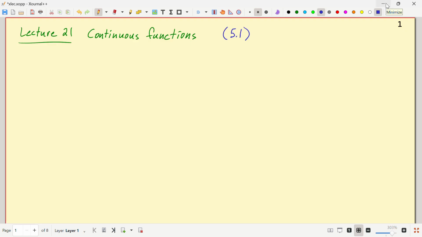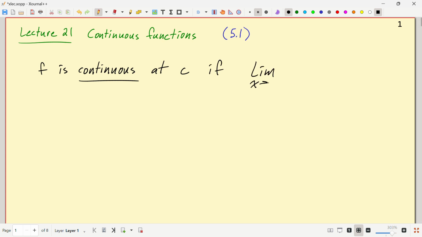So on to today's material, which is about continuous functions. You learned the definition of continuous functions in freshman calculus. So f is continuous at c if the limit as x goes to c of f of x is what it's supposed to be, namely f of c. So no jumps, no sneaking out of what it's supposed to be.